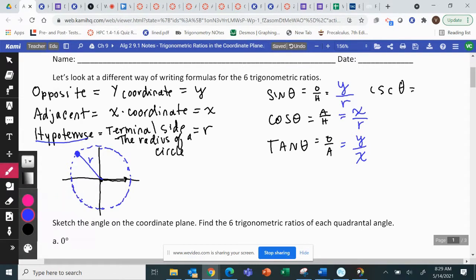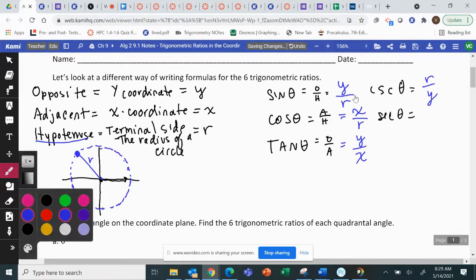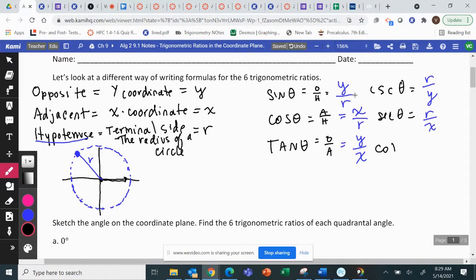And cosecant is going to be r over y. Cosine is secant, and that's going to be r over x. And then cotangent is x over y.